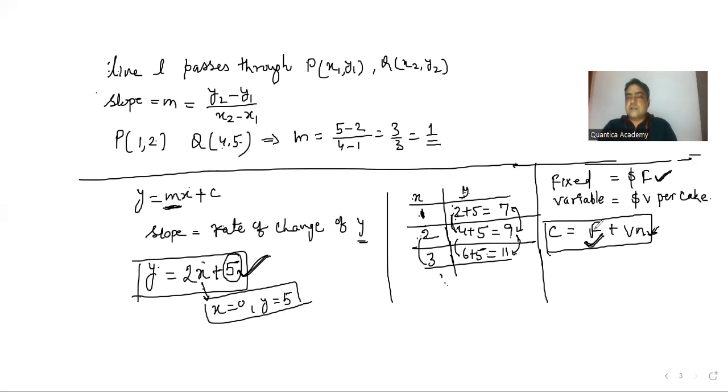So this F is the y-intercept. This is the minimum value of the variable C. So cost can never be less than F.